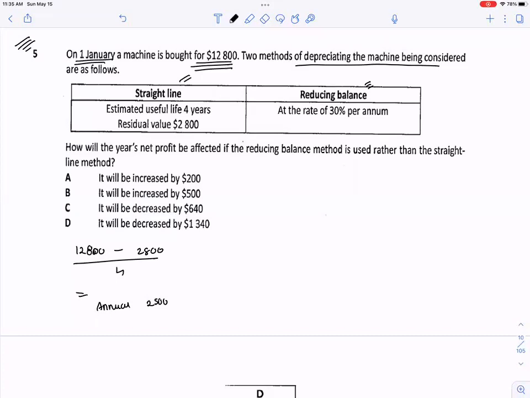So how will the net profit be affected if reducing balance method is used rather than straight line method? Straight line method, year one. Reducing balance method, what would be the depreciation of year one?